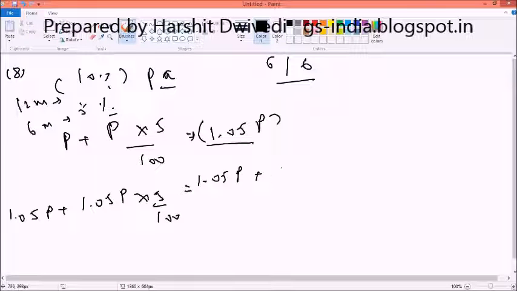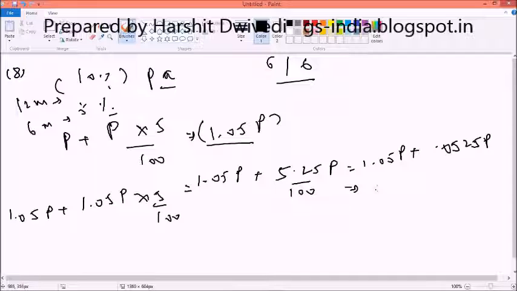Just calculate it: 1.05P into 5 by 100 becomes 0.0525P.